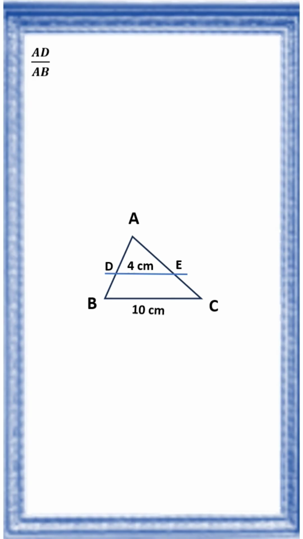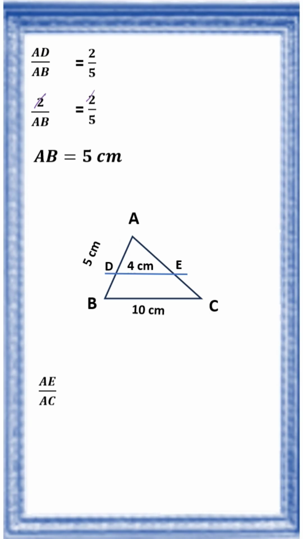Now AD by AB is equal to 2 by 5. Here AD has been given. What is it? 2 centimeter by AB is equal to 2 by 5. Here 2 and 2 get cancelled. So AB is equal to 5 centimeter. Now AE by AC is equal to 2 by 5. AE is given, that is 3 centimeter by AC is equal to 2 by 5.